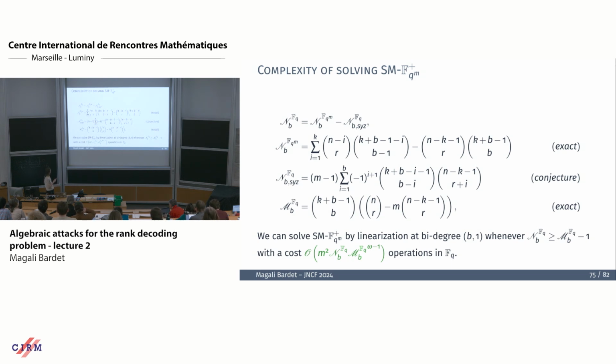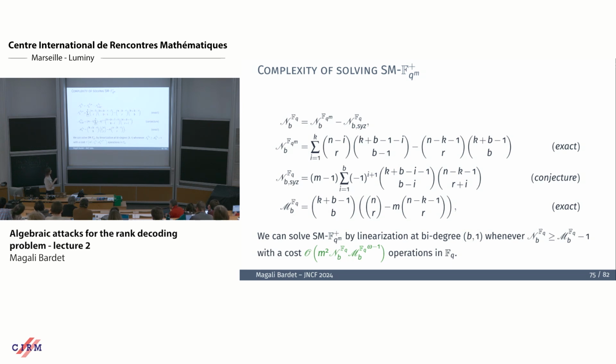But you can count the number of monomials in the matrices. So we look at Macaulay matrices in degree b, some b in X and just one in C. The number of monomials is the number of monomials of degree b in X times the number of monomials in C where you have removed the number of linear equations you have.